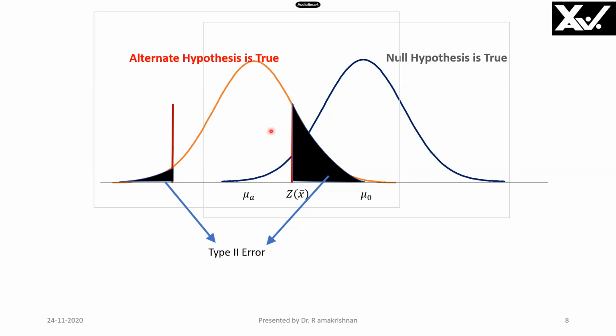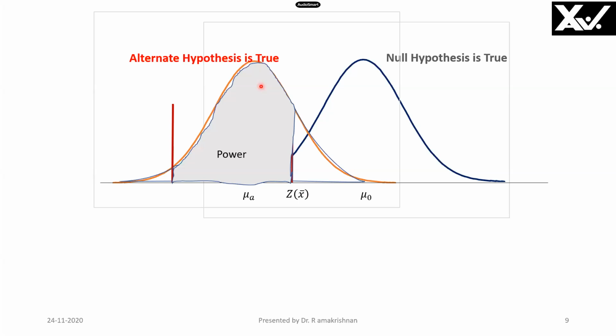But when this is false, I'm taking this normal distribution curve and recalculating these critical values, lower and upper, and finding out the area to the extreme, and that is called type 2 error. And what is power? Power is the in-between area. This is the power because this is to be rejected and we have rejected. This also is to be rejected, but we have not rejected because we have accepted the null hypothesis.